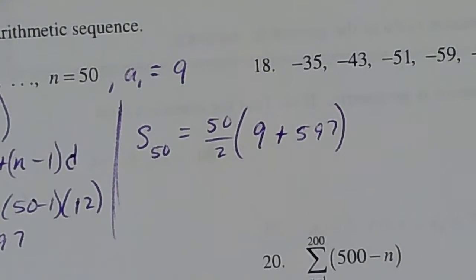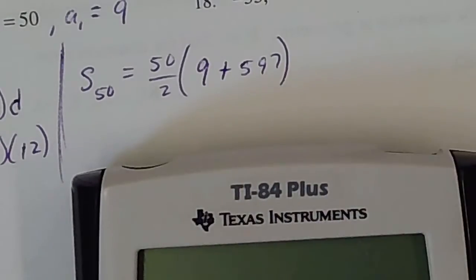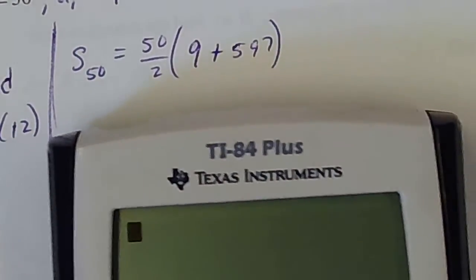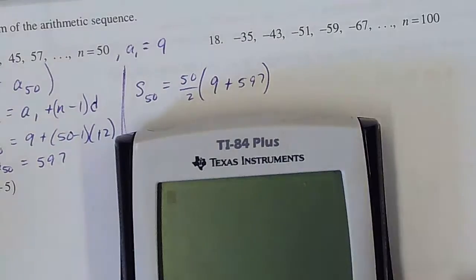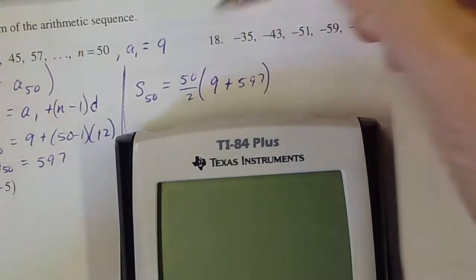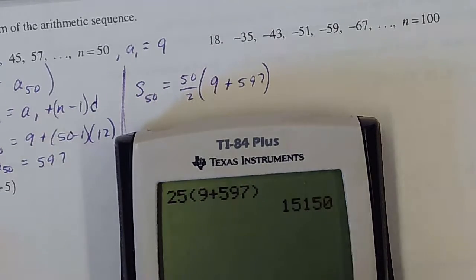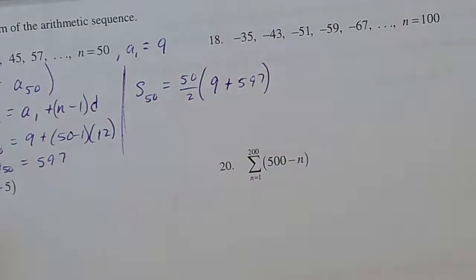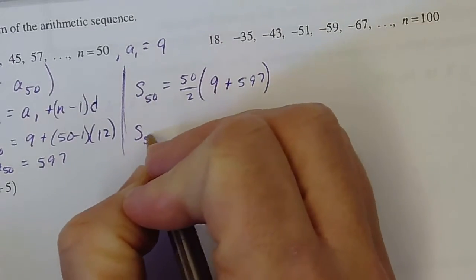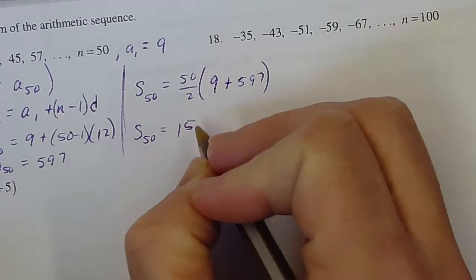You don't have to get too fancy here. You can just dump this in the calculator. If you wanted to find the quotient first, we have 25 times the sum of 9 plus 597. We multiply those and we get this sum, 15,150. So S of 50 is 15,150.